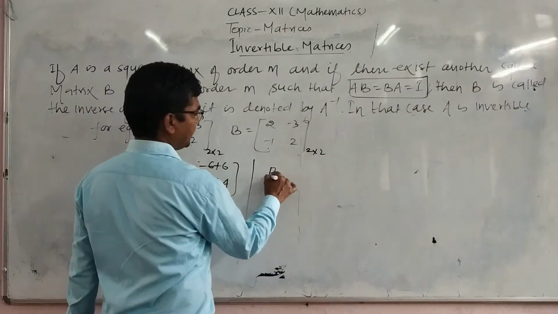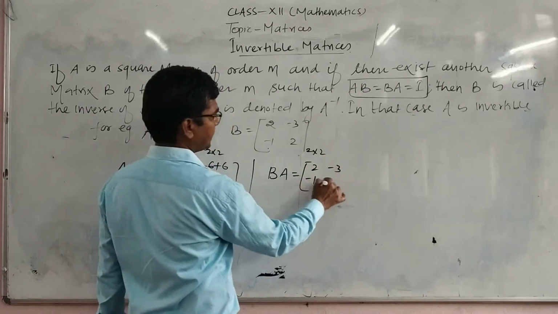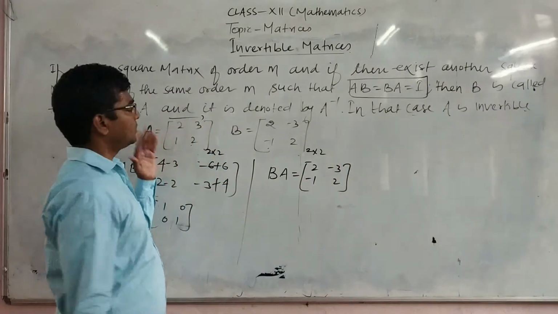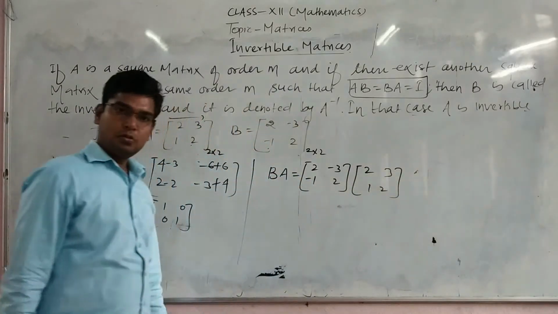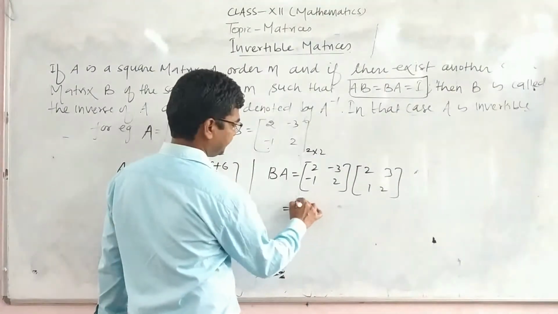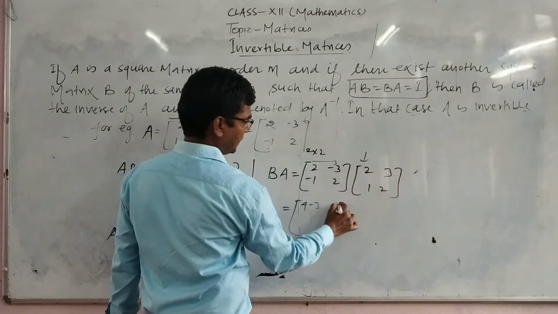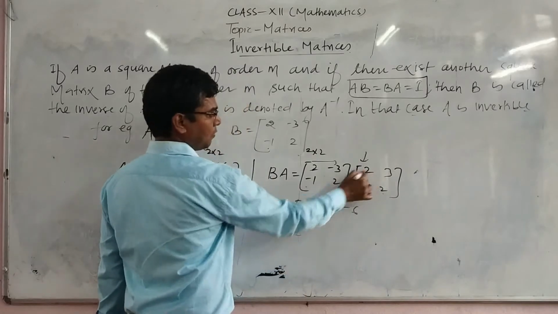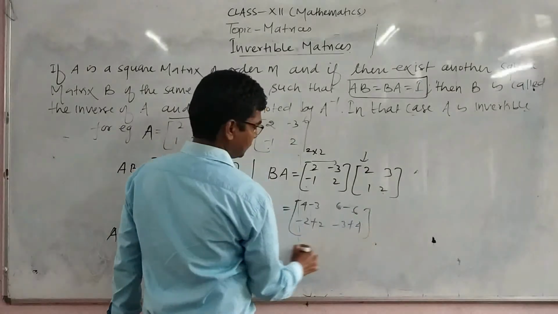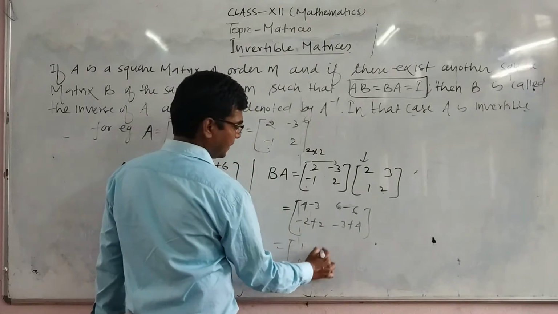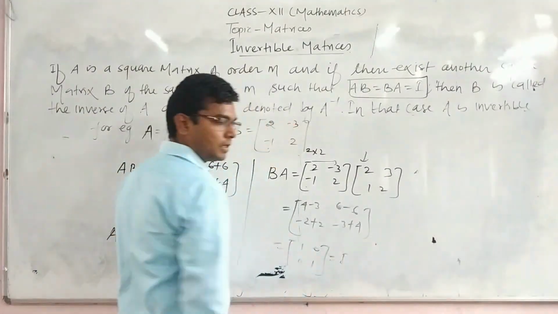So let us check BA. B is 2, minus 3, minus 1, 2, and A is 2, 3, 1 and 2. So again if you multiply, it will be 2 into 2, 4, minus 3, 2 into 3 is 6, 3, 2 is 6, minus 2 plus 2 and minus 3 plus 4. So your output will again be an identity matrix, right?